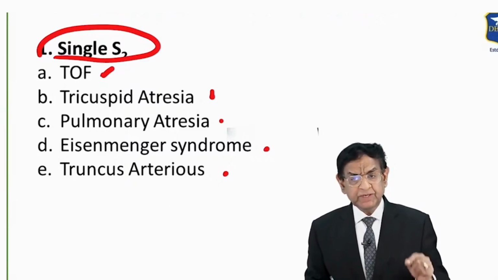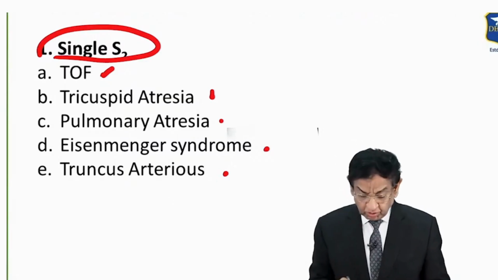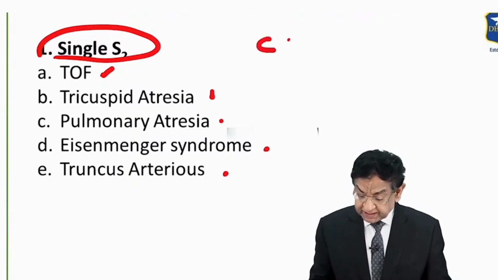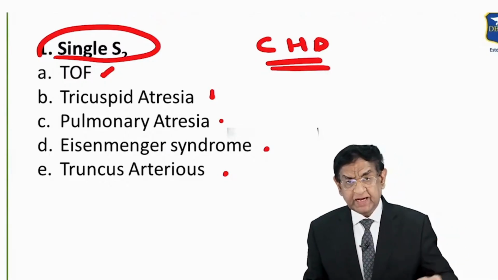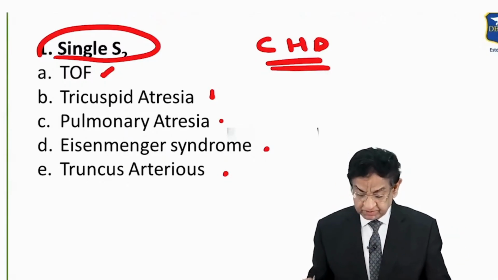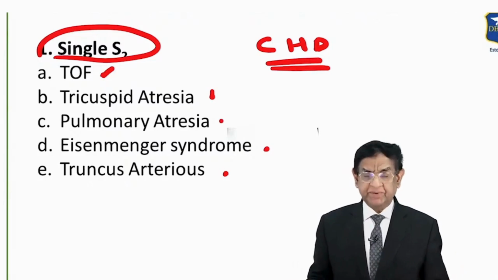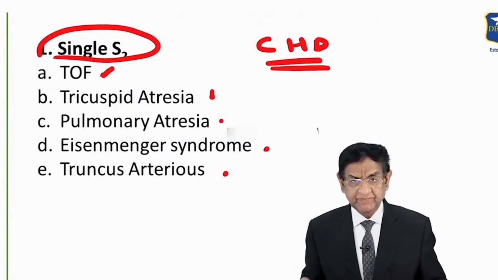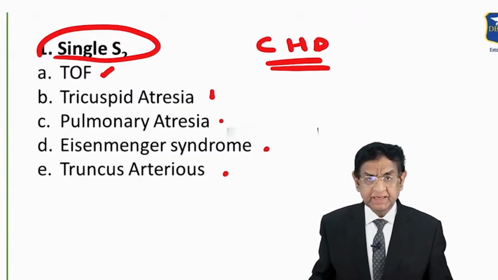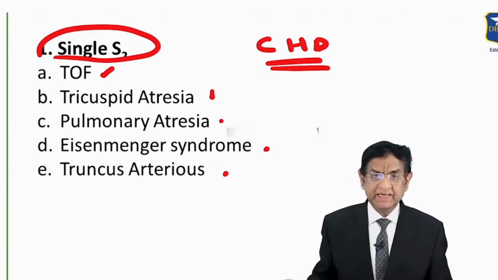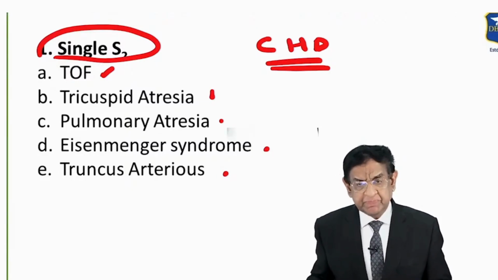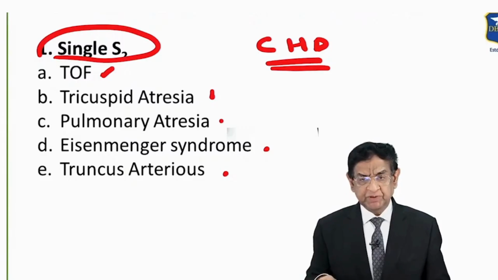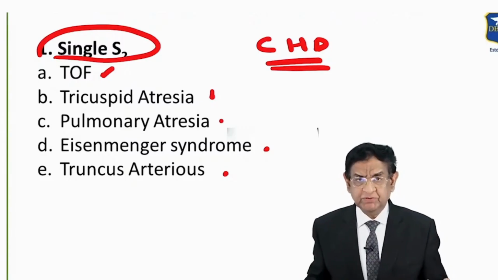Now, if you look into this, all these are congenital heart diseases, and we are getting a single sound, and there's a reason behind that. Everything has a different mechanism, and you can see the detail in my lecture on congenital heart disease. As of now, you just remember that a single S2 is produced in these. You have to remember it.